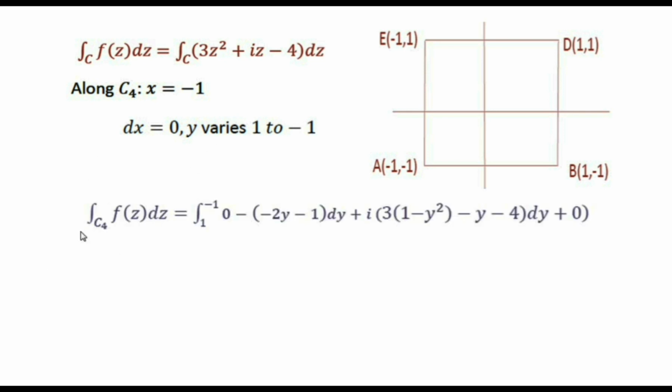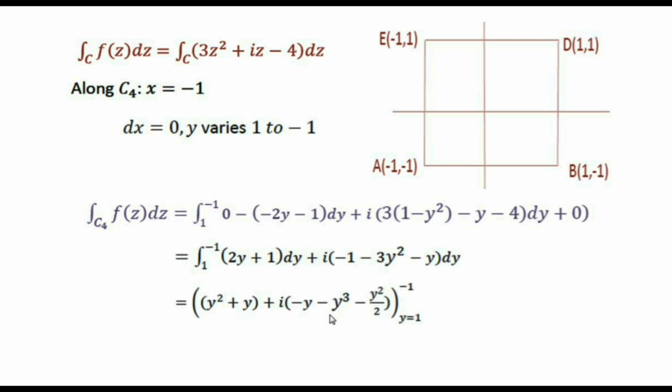Therefore, integral over C4 of f(z) dz is integral from 1 to −1. The integrand 3z² + iz − 4 becomes this when x is replaced with −1. On simplification, we have the resultant integrand and integrate with respect to y. This is the result required, and consider the limits between 1 and −1.